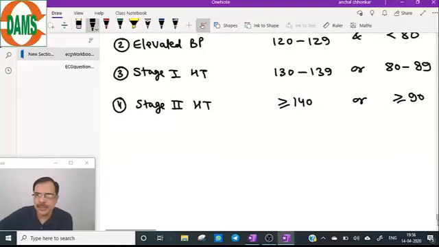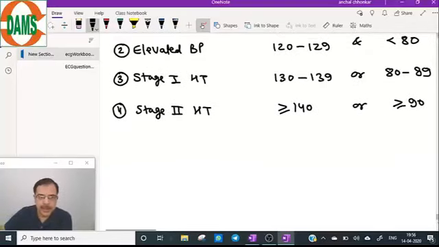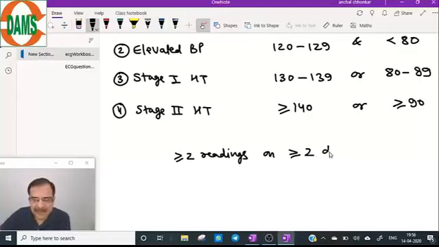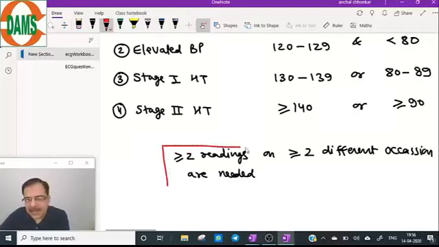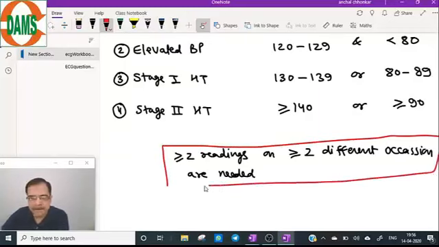For diagnosing a new patient coming to you, you need at least 2 readings on at least 2 different occasions for making a diagnosis of abnormal blood pressure.